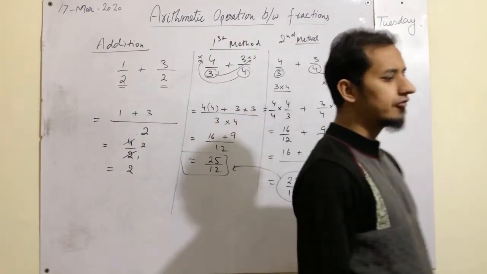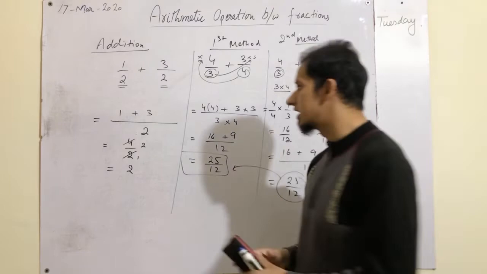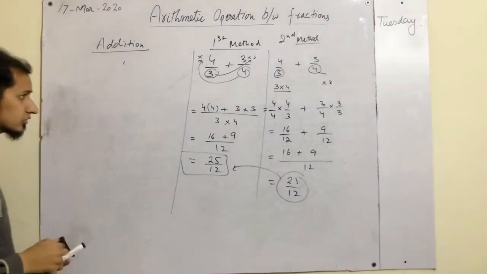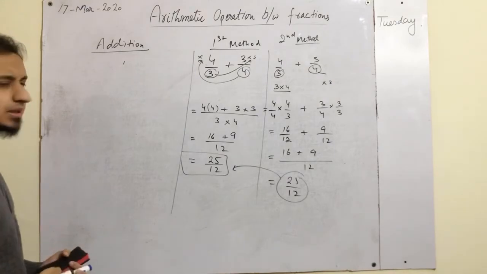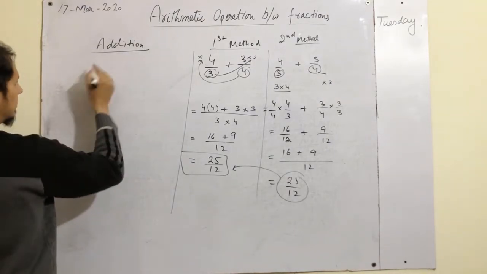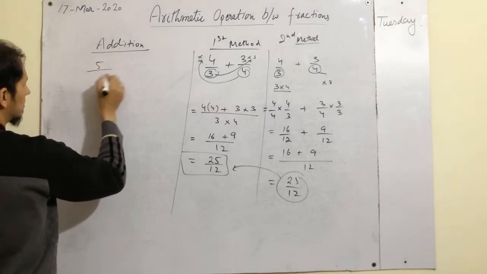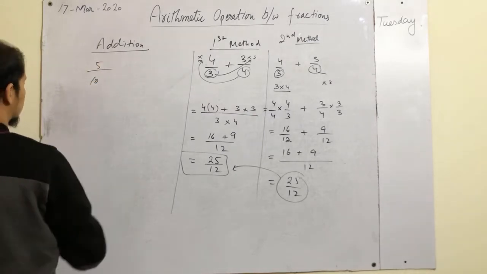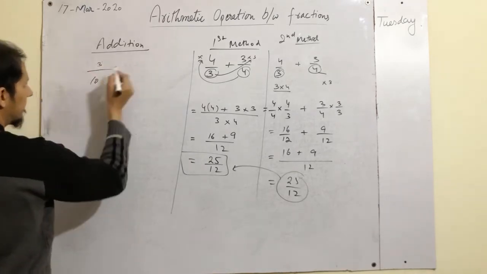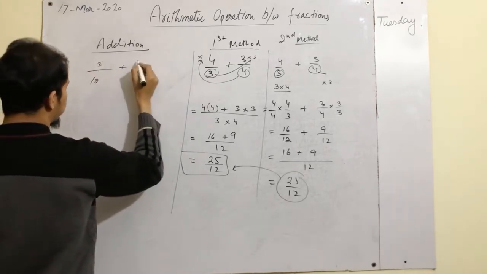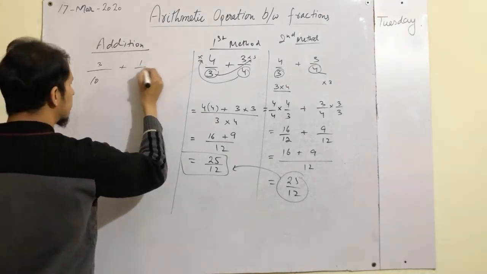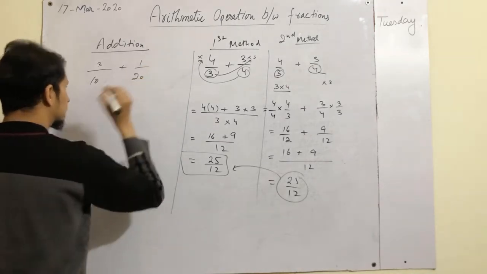But if we have another type of fraction, for example, if we have multiples of numbers, like 3/10 plus 1/20.